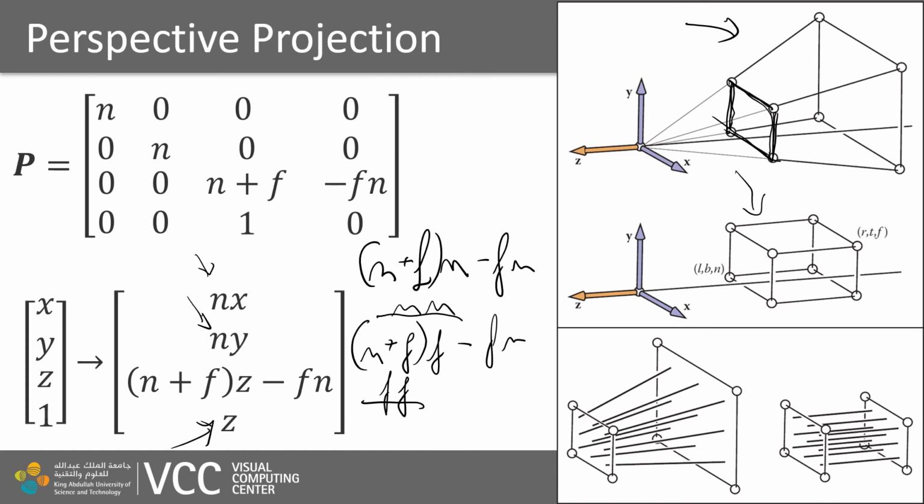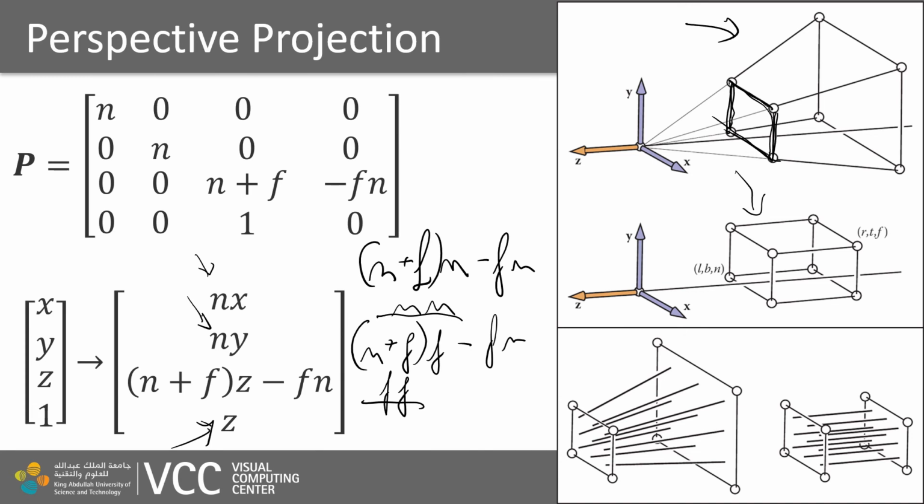Therefore, we can define these values L, R, T, and B for the near plane, and the near and far plane are also defining the rest of this box after the perspective transformation is applied, defined by these coordinates.